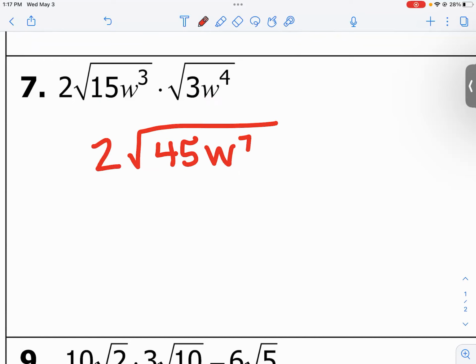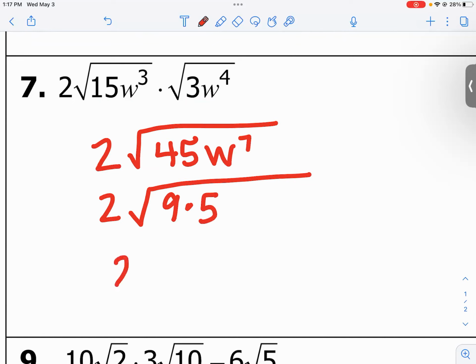Okay, well, W to the 7, I think we should rewrite that as something.